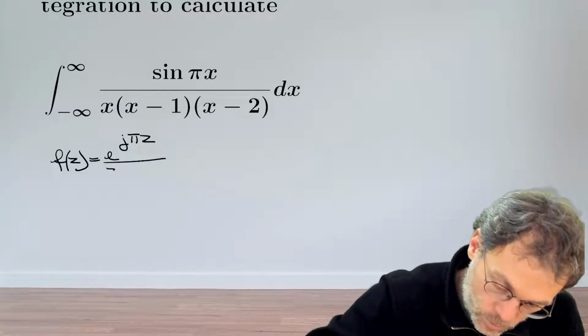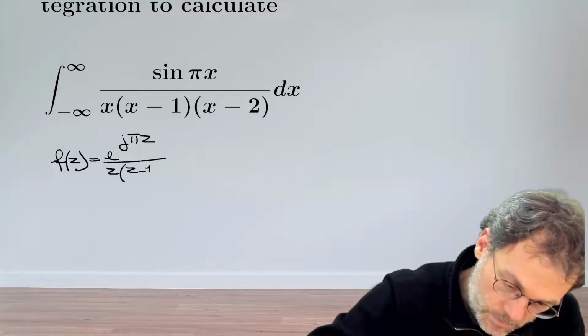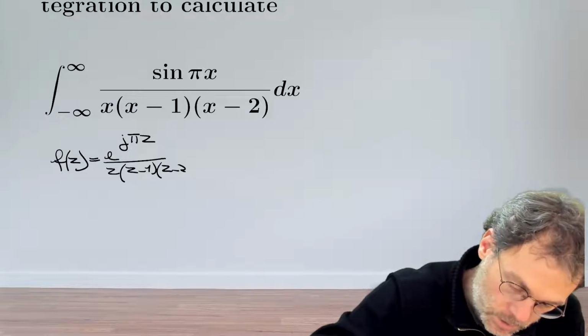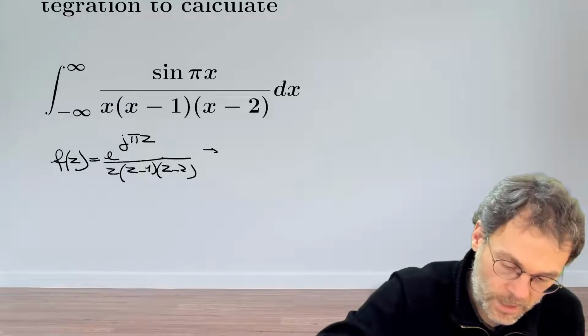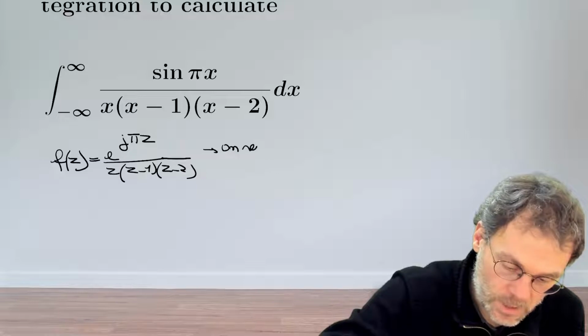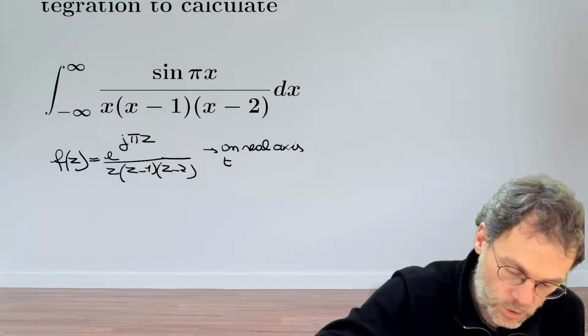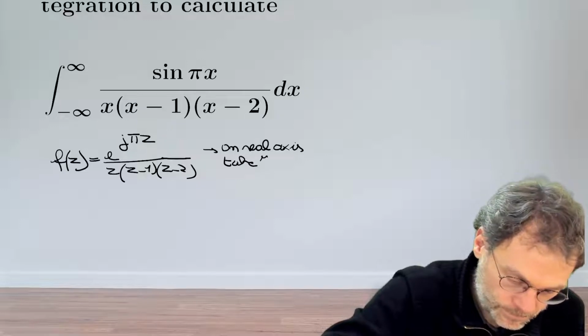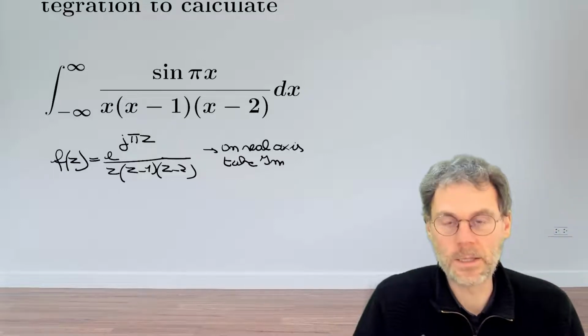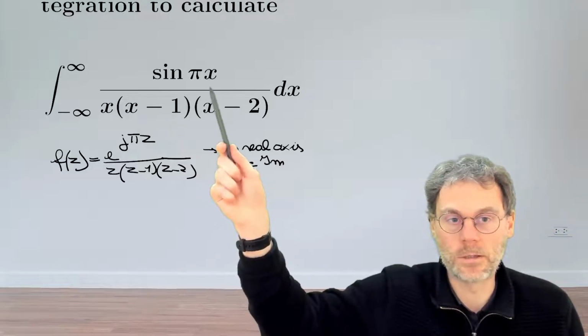The denominator, no big surprise there: z minus 1, z minus 2. And again, we're going to evaluate this on the real axis in the end and take the imaginary part in order to recover the integral that we're interested in, this thing over here.